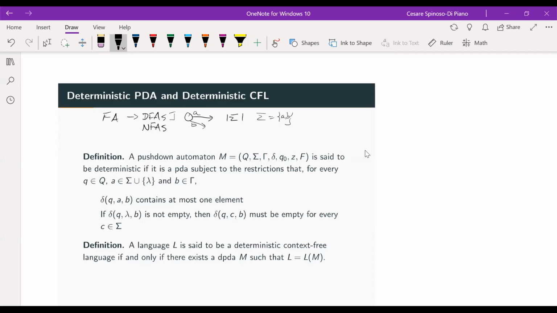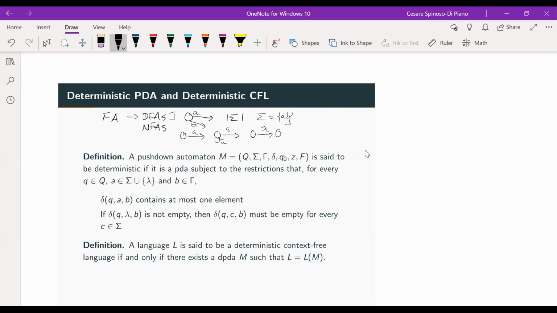And then NFAs, we said, is everything including a DFA, but we can also have more than cardinality of sigma transitions. We could just have one. It could be underspecified, it could be overspecified, and you can also have lambda transitions.